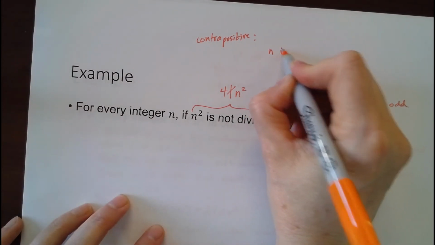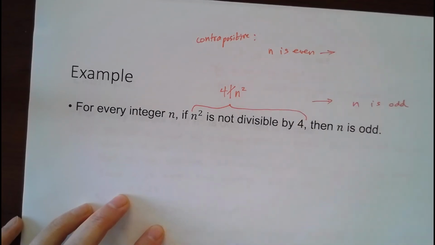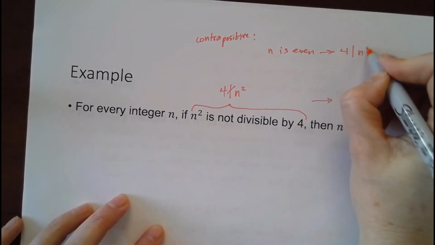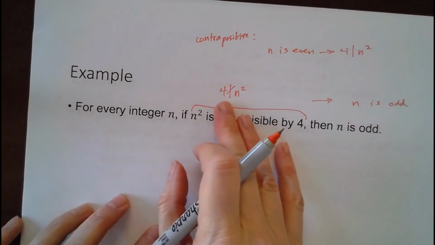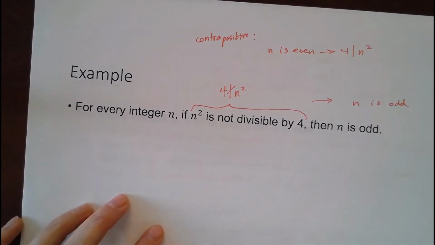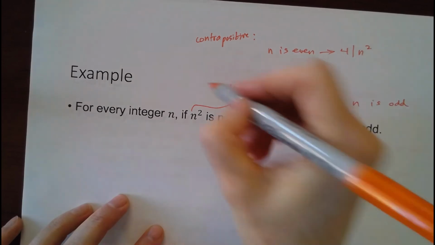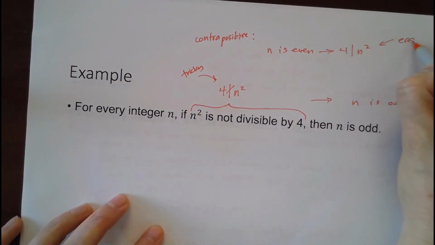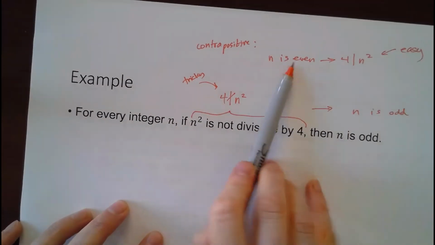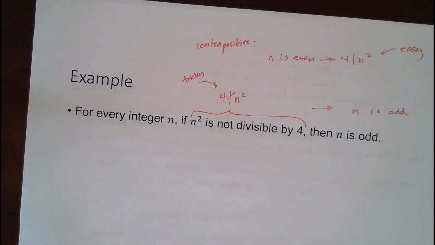So if n is even, then 4 divides n squared. Way easier to think about, right? Because we know the definition for divides. If it doesn't divide, then I just know that something is not equal to, and it's a little bit tricky. So this one is a little bit tricky to think about. This one is easy. So definitely looking at the contrapositive is going to be way easier to reason about than the original statement.